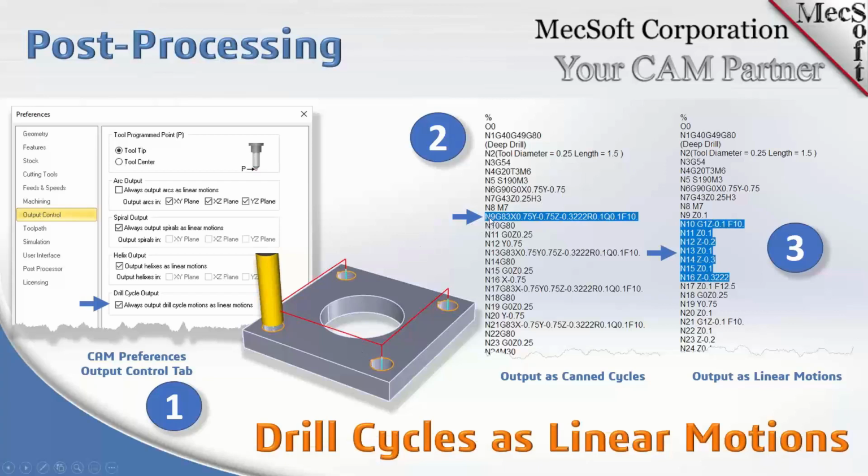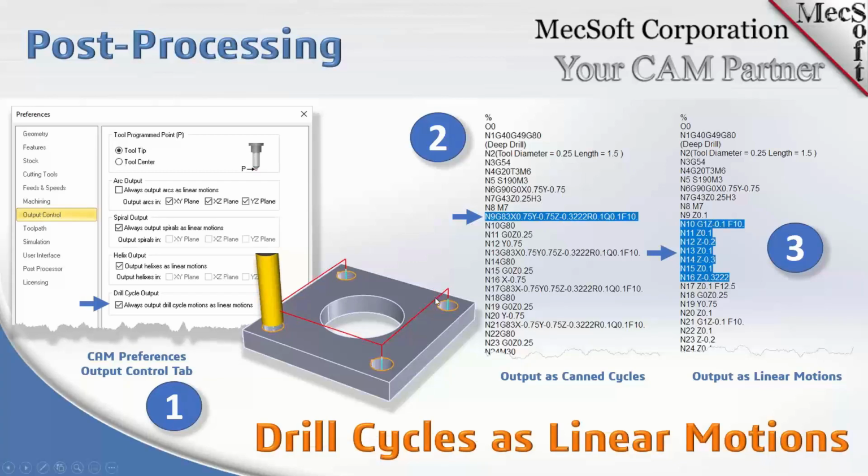If you don't want the canned cycle codes being posted out, you can go over here to the CAM preferences dialog, and there's a checkbox here for always output drill cycle motions as linear motions. So if you check that checkbox right here, instead of your canned cycle code, you will see just the linear motions output at the beginning of your drill motion.